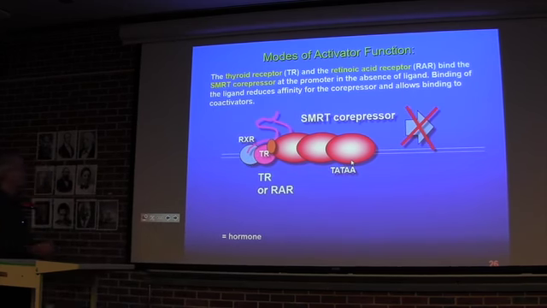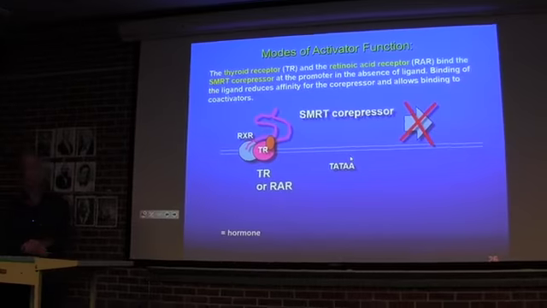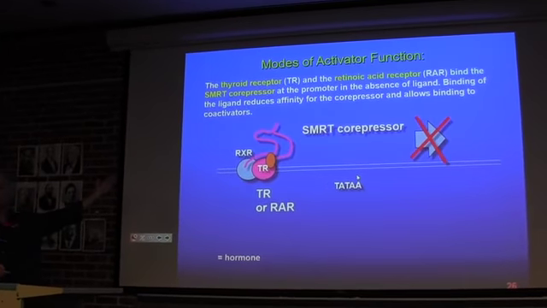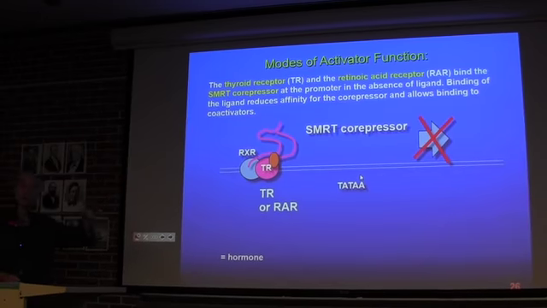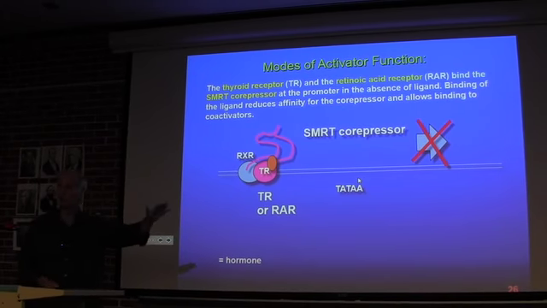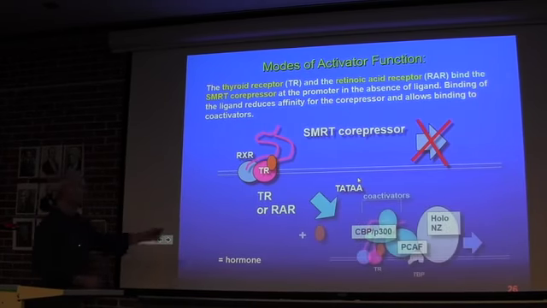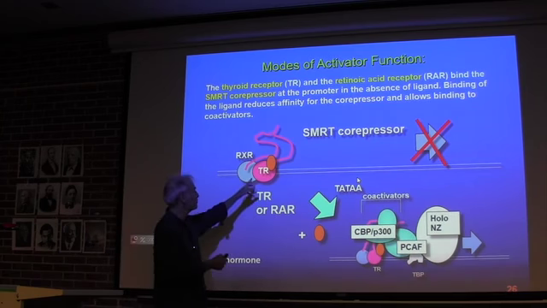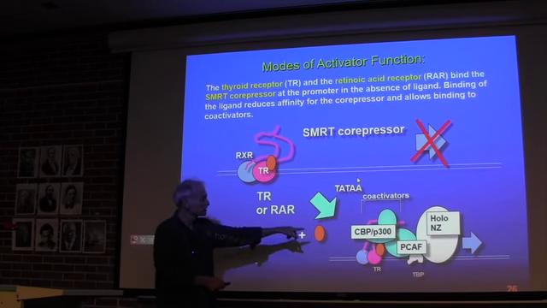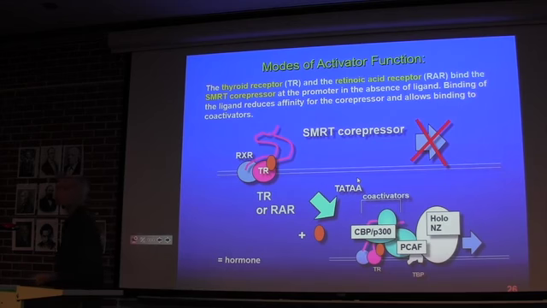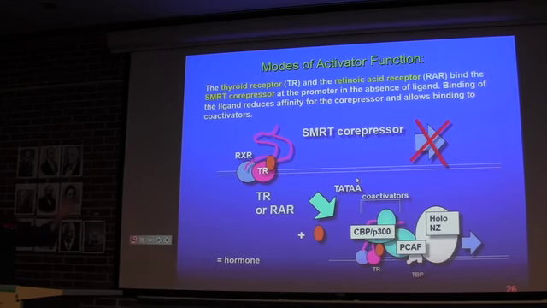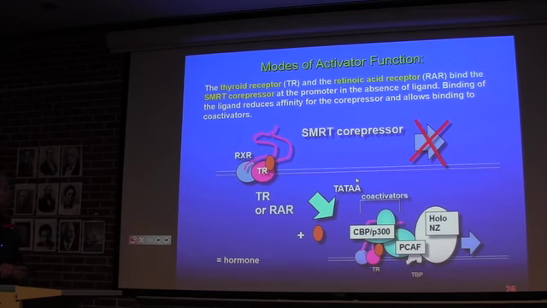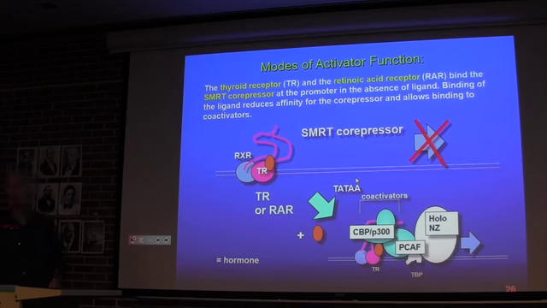When that change in conformation occurs, the co-repressor loses affinity, drifts away, and now you can start the normal steroid recruitment cascade. After that, you can get P160. P160 in turn recruits CBP, P300, and PCAF, and then that's followed by mediator, the regular pathway for gene activation. So that's how steroid hormones or nuclear receptors work in all of us.